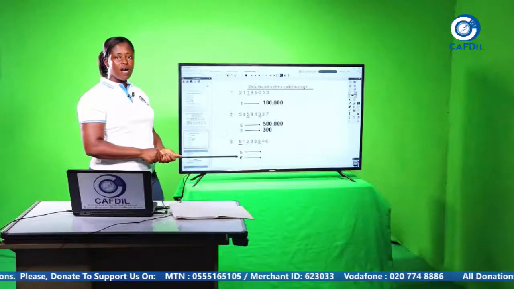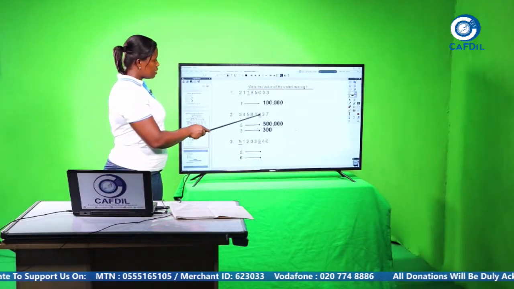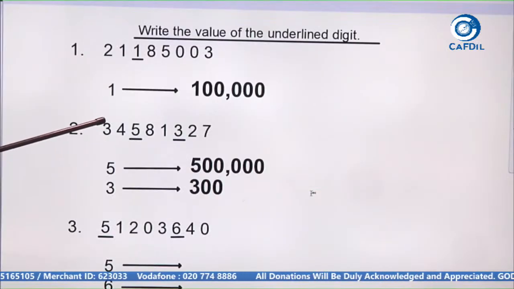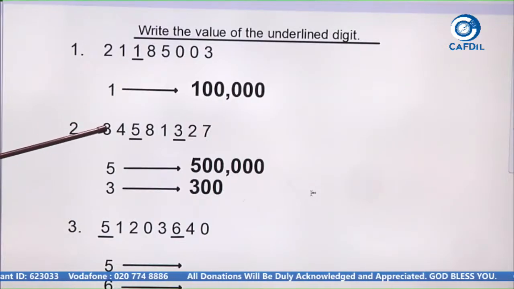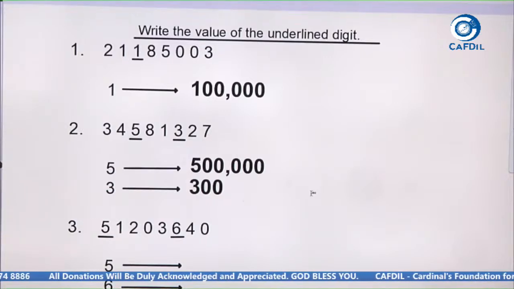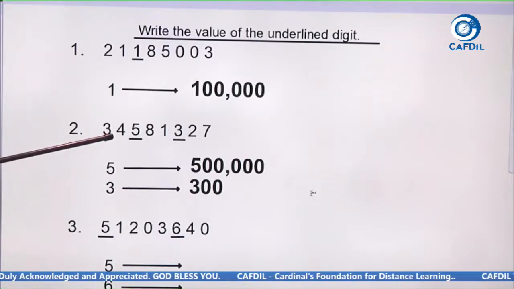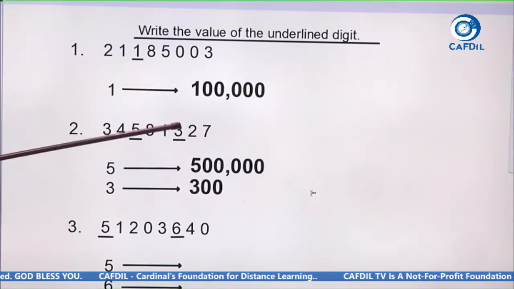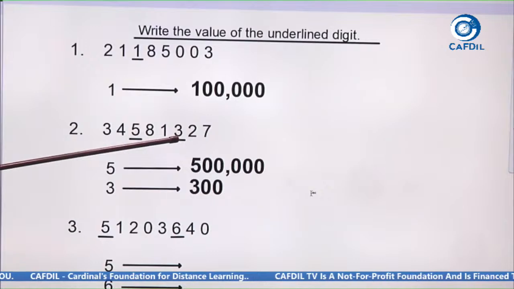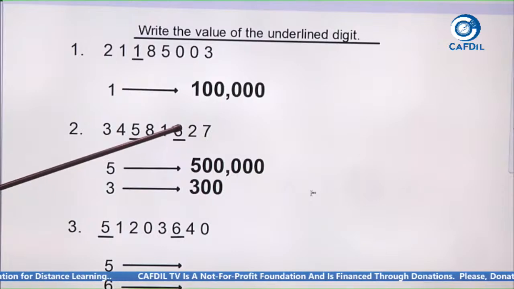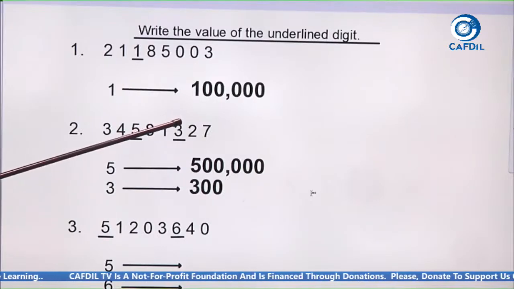Let's look at something over here. Yes, this is 3. Look at the first digit over here. This is also 3. The value of this 3 is not the same as this. Why? Because they are at different places. The value of this 3 is different from the value of the underlined 3 over here. I hope you agree with me. Yes, the 3 over here is in the hundreds place.